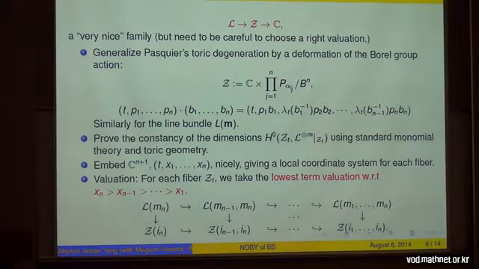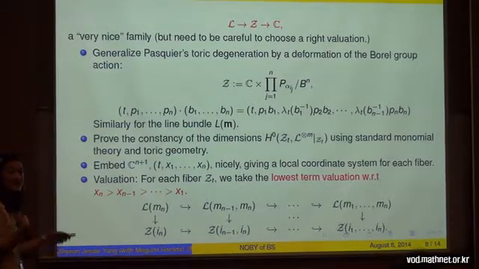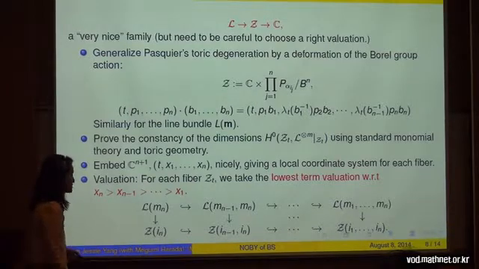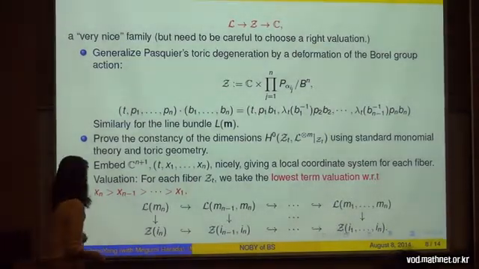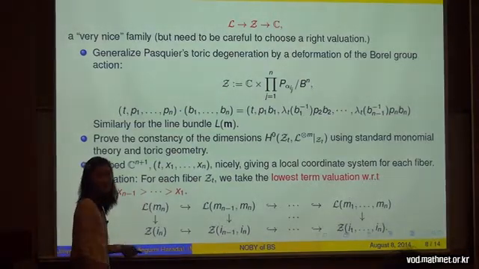You may wonder why we choose this somehow reversed order. That's because, again, we embedded this affine open subset nicely such that it behaves well with our line bundle. There is a natural closed immersion on the level of Z, as well as on the level of the line bundle.